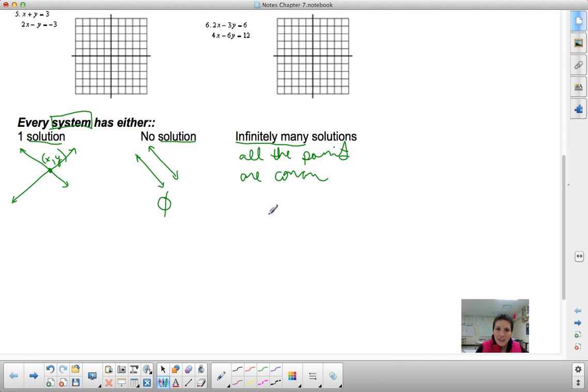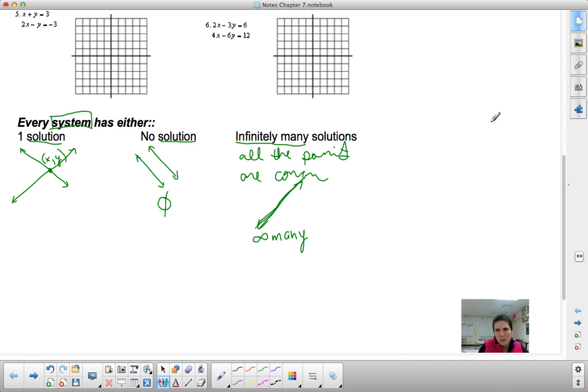Picture your graph: you graph your first line, and then when you go to graph your second line, it falls right back on top of it. We'll make it a little bit thicker so we can pretend, though really lines don't have any thickness. All those points are exactly the same, all common points. When that happens, we write infinitely many solutions. So instead of having one solution, we'll have many.